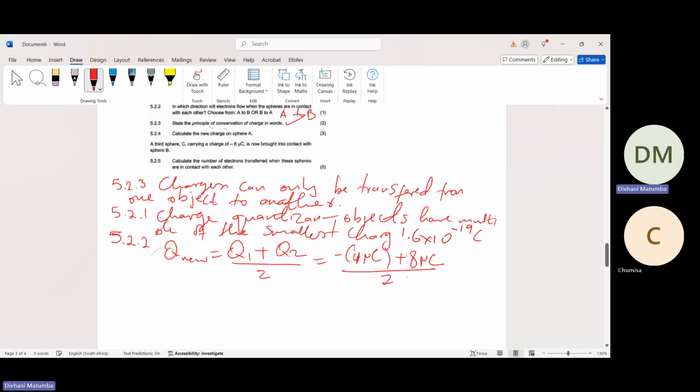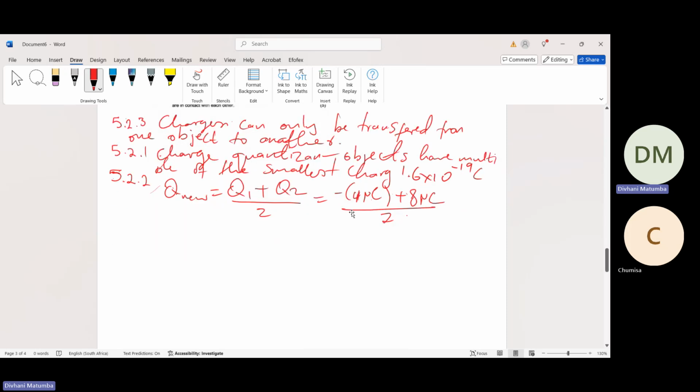So how much do we have? 8 minus 4 is 4. 4 divided by 2 is 2. So it's 2 microcoulombs.